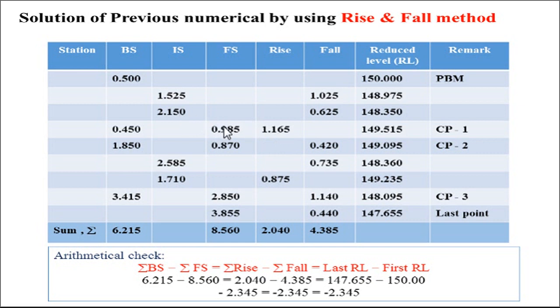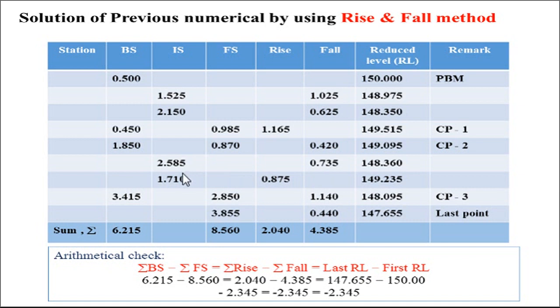So these two we have compared. Then the next two readings, 0.45 minus 0.870. This is less, this is more, so we get a negative value, 0.42, again a fall. Next, 1.85 minus 2.585. Again this reading is more, this is less, so we get a negative value, 0.735, the fall.